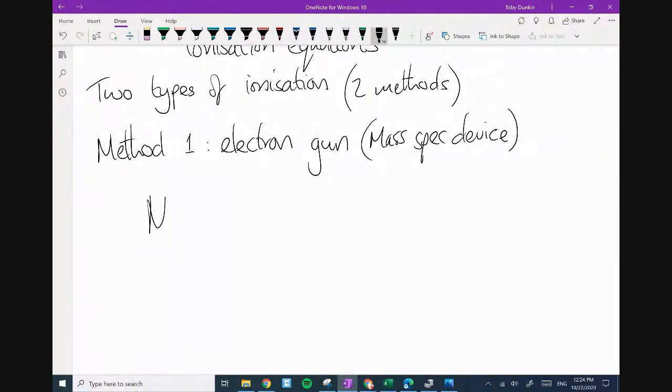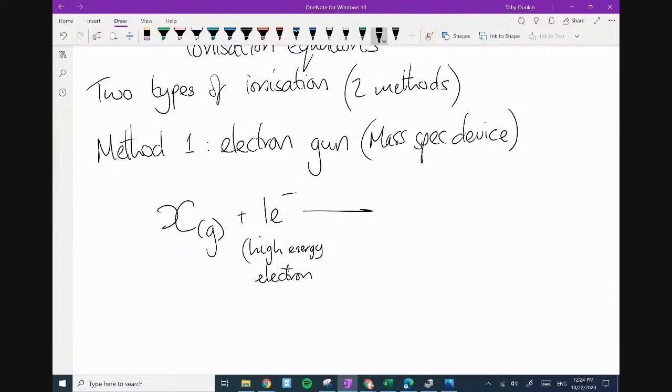We put in element X, and it must be gaseous. I shoot it with a high energy electron from the electron gun. What that does is it smashes into it, it knocks an electron off my gaseous sample, and I have two electrons spat out the other side.